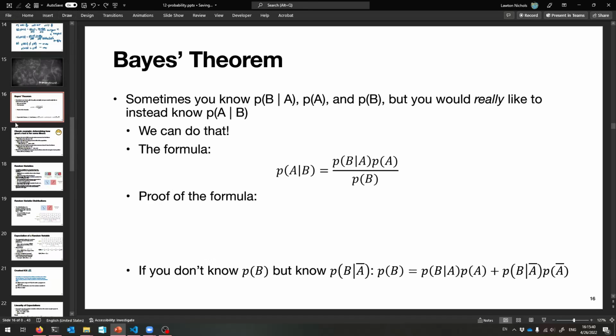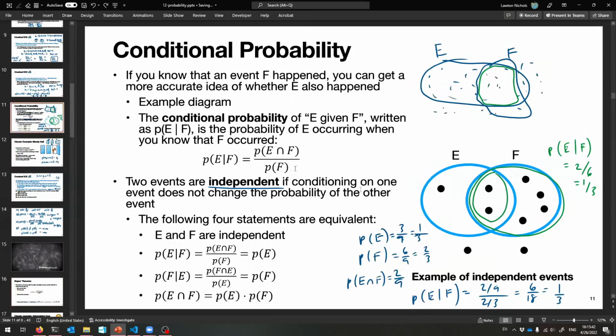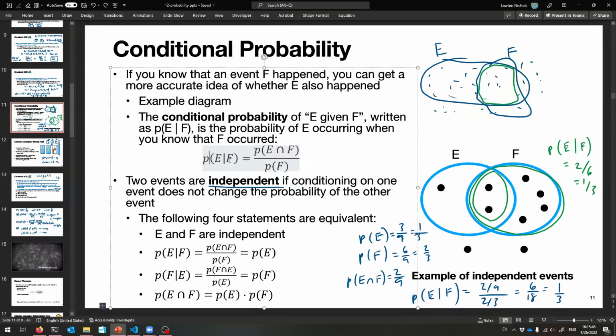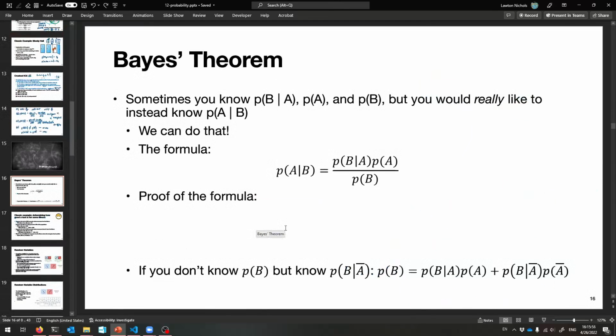So let me prove that to you. This will go back to the definition of conditional probability. The normal way you would calculate E given F is the probability of their intersection over the probability of the second thing, the probability of F. So let's use that to our advantage.